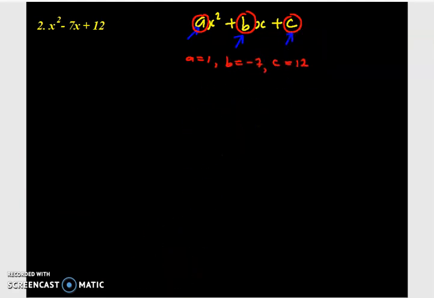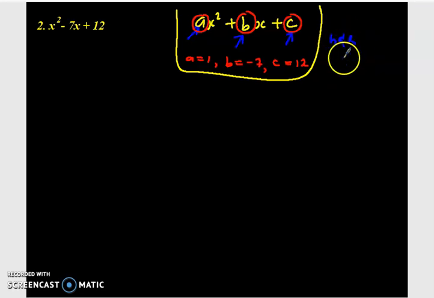Let me put this in a little box right here. So in order to factorize x squared minus 7x plus 12, we need to find two numbers. Let's call these numbers h and r.